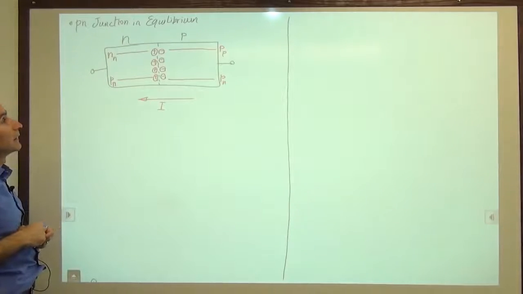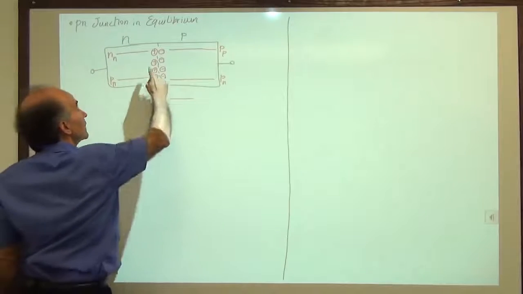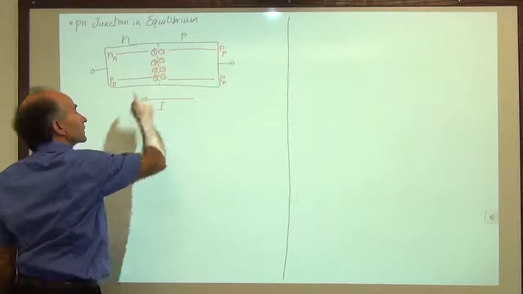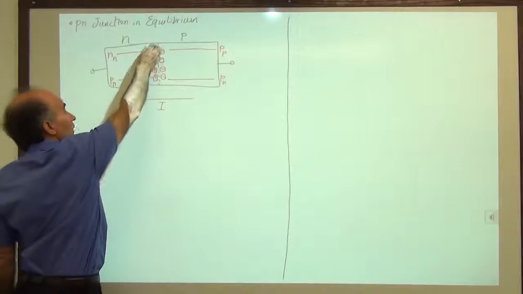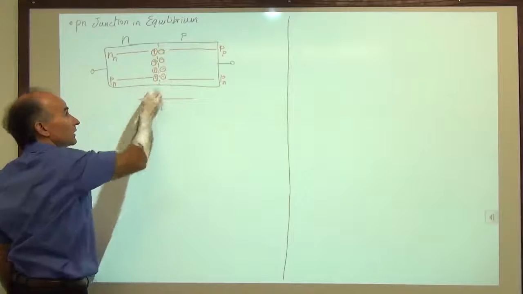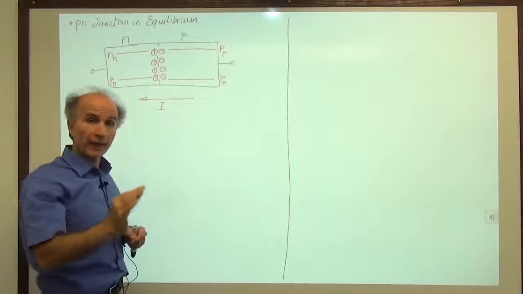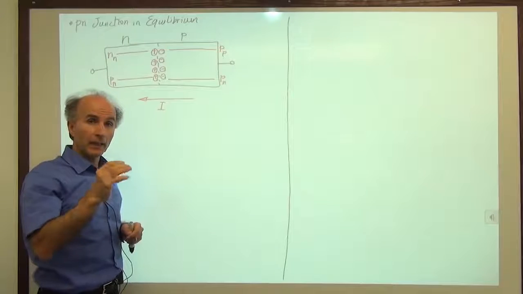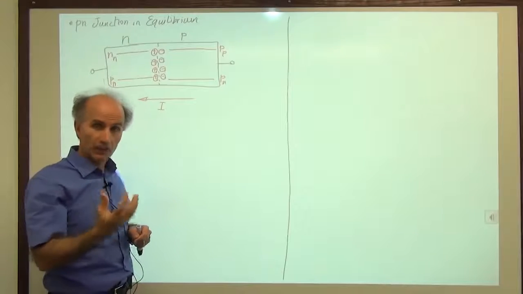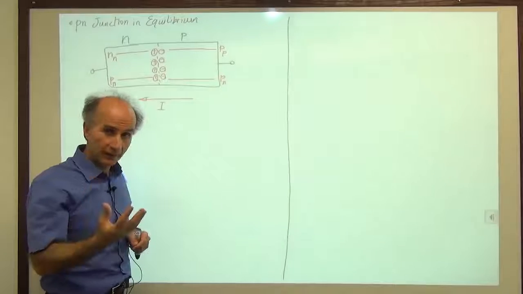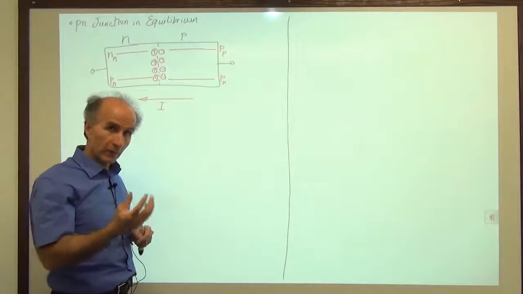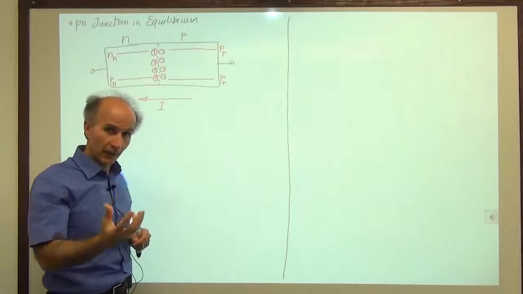And the question is, what exactly stops the flow of current? Well, we have these ions that are formed here. We have positive charge here, negative charge here. So in this area here, we truly have a charged object. Charge neutrality does not hold because we have positive ions and negative ions.